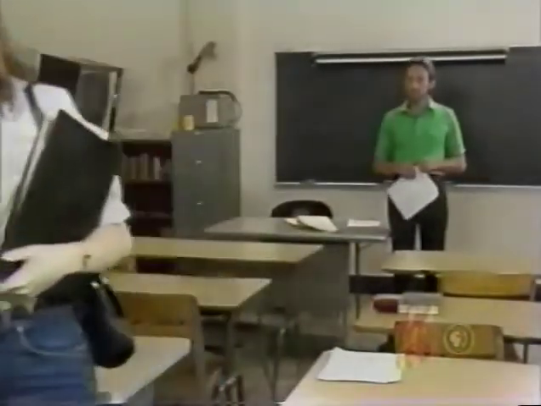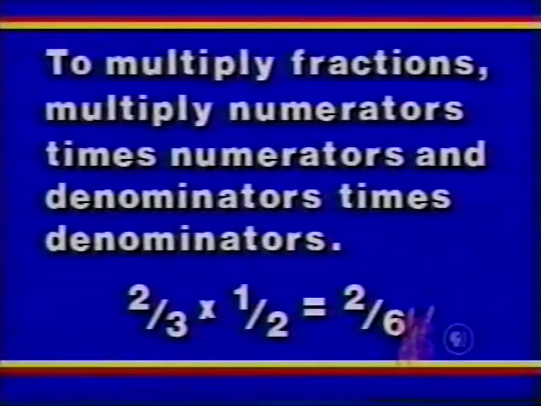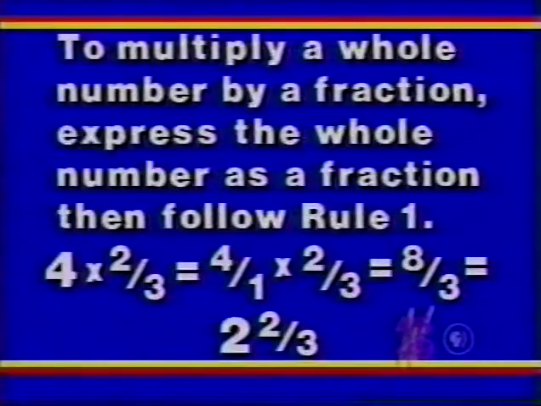See you next week. Here are some rules you need to remember and some examples to help clarify each one. To multiply fractions, multiply numerators times numerators and denominators times denominators. To multiply a whole number by a fraction, express the whole number as a fraction, then follow Rule 1.